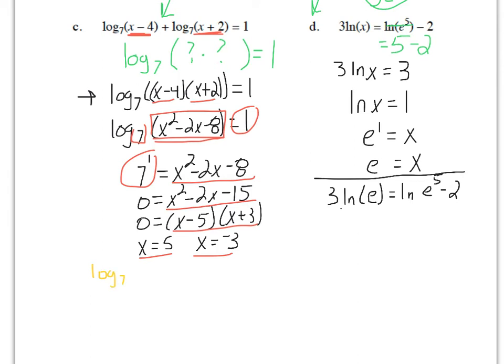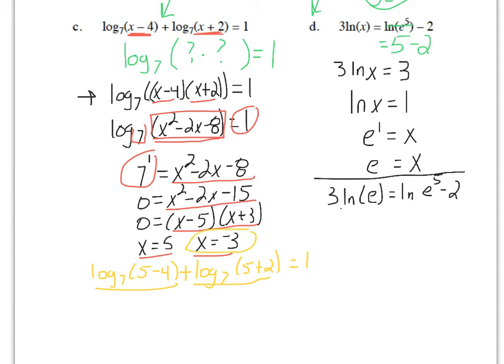So the log base 7 of 5 minus 4 plus the log base 7 of 5 plus 2 equals 1. Well, this becomes the log base 7 of 1 plus the log base 7 of 7. You can check it. It does work out. You can type it in your calculator.